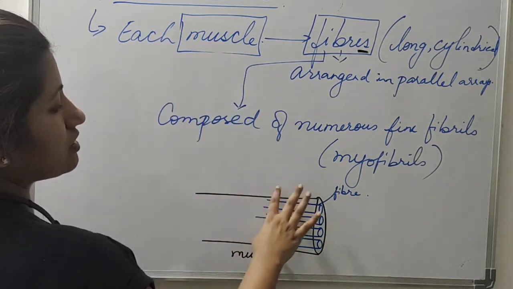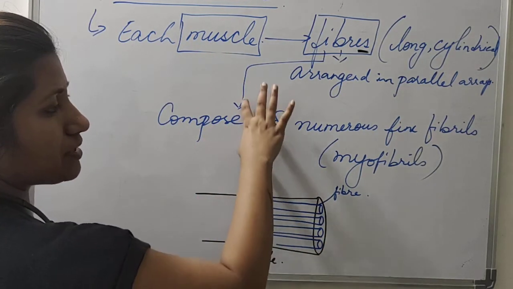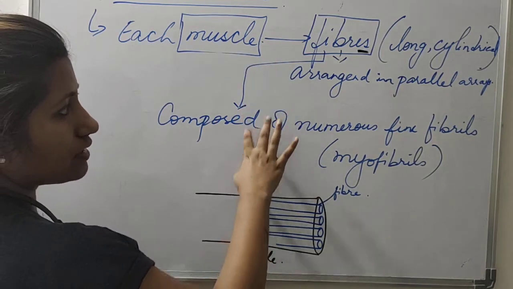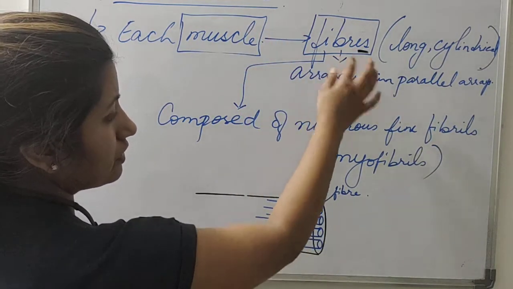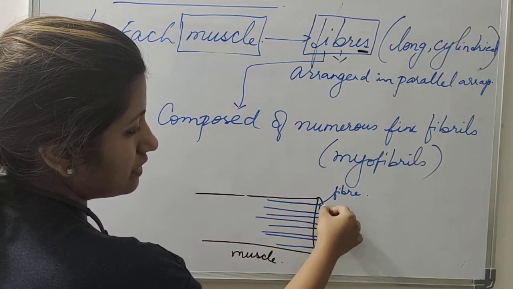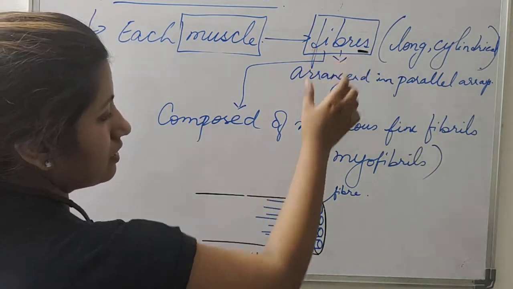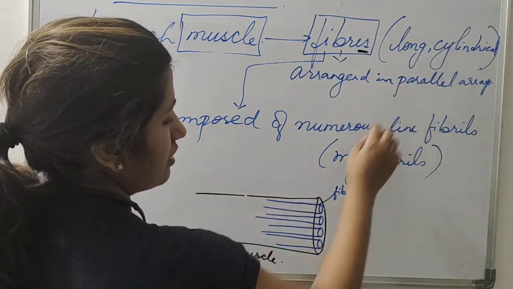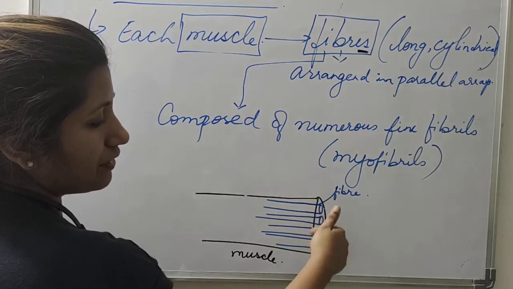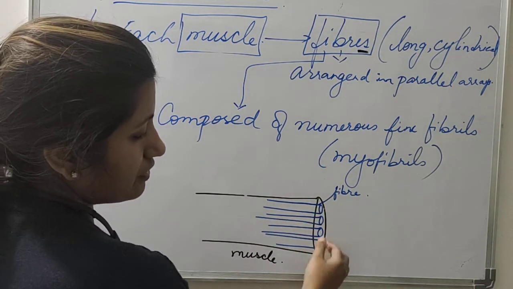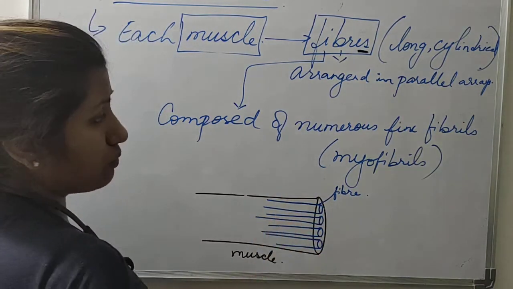See, suppose this is one muscle, like that there will be many muscles, and each muscle is made up of many fibers. You see, these are the fibers. Again, you can see they are long and cylindrical, that's why, since it is cylindrical, I have drawn the tip portion round.